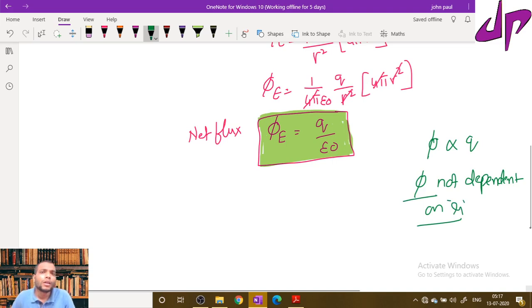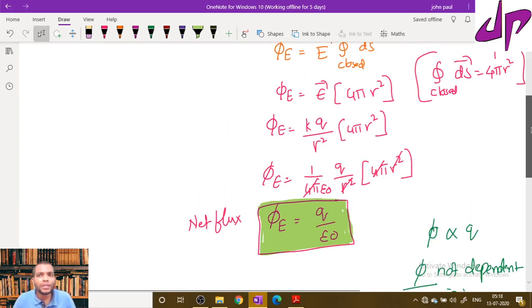So Gauss's law gives a very handy relation, a very easy way to relate the total flux and the charge enclosed. There is only one thing we need to select.